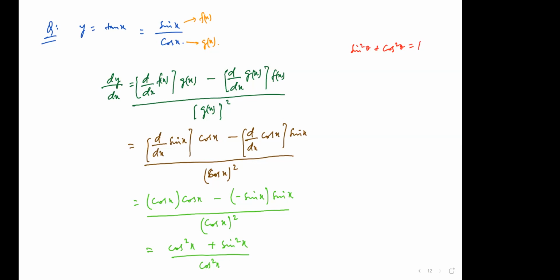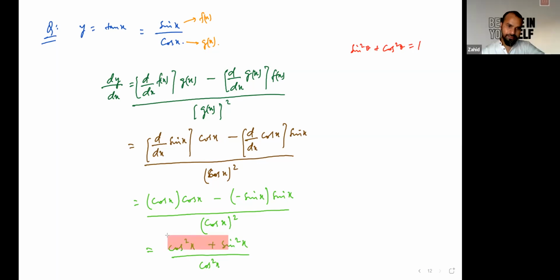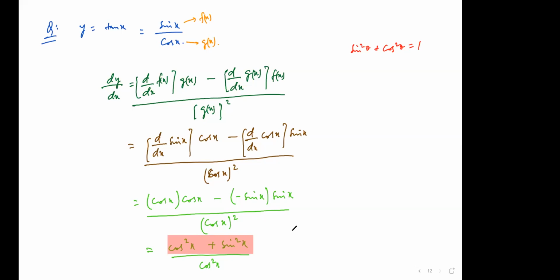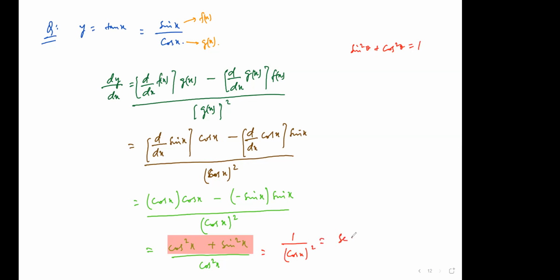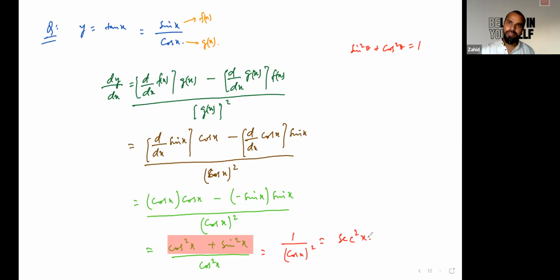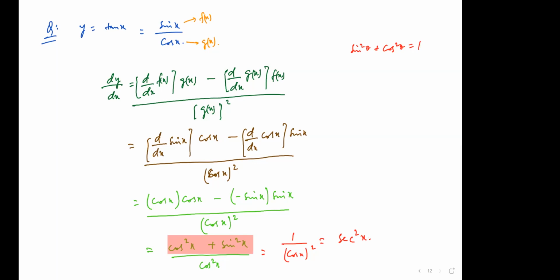Is it the similar one? Sine square x and cos square x. So it gives you 1 over cos square x. And 1 by cos is sec, so sec square x. So we have obtained that the differentiation of tan x is just sec square x.